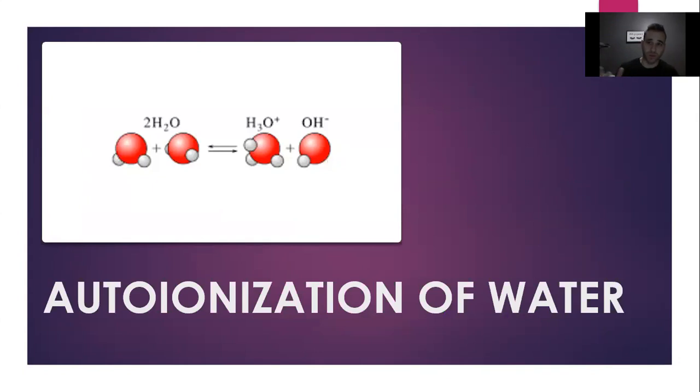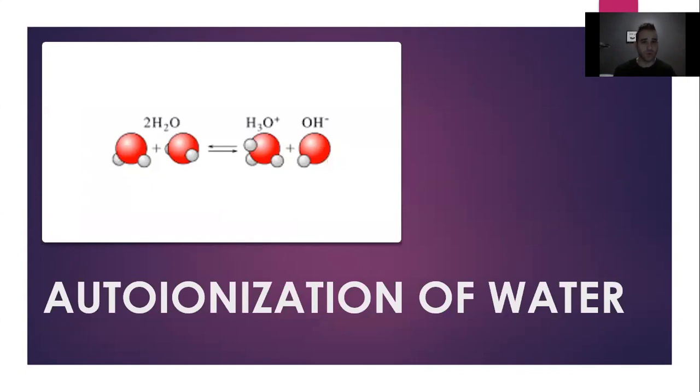So you end up with two H2O molecules becoming one hydronium and one hydroxide. And the hydroniums will always equal the hydroxides. They'll always be the same amount. This is what happens naturally in pure water.